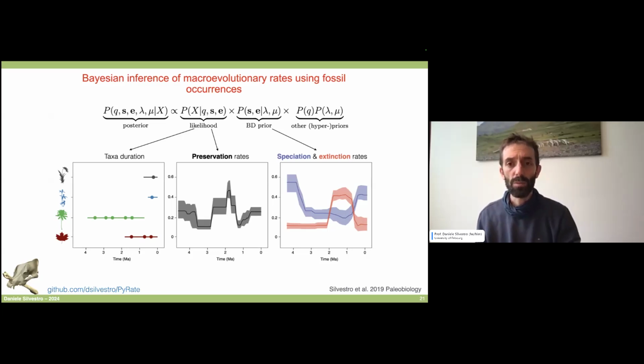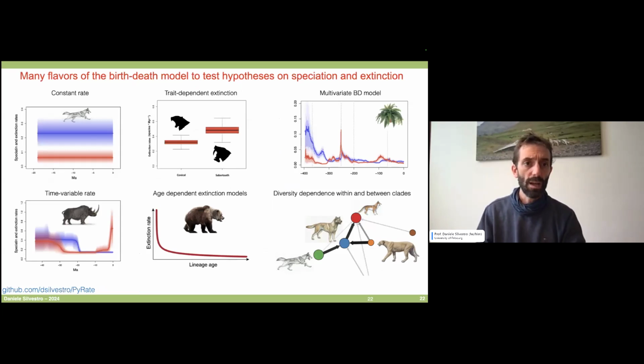And we have a number of flavors of the birth-death process that allow us to model the speciation and extinction rates, which ultimately determine diversity trajectories through time, as a function of different things. So we have a number of flavors of birth-death models that we can use to test different hypotheses. For example, we have constant rate models that can be compared against time-variable models, where these rates vary over time.